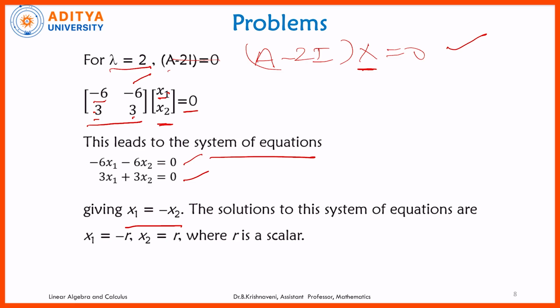Therefore, let us consider x2 is equal to r, any scalar. Since x1 is equal to -x2, and we have taken x2 is equal to r, x1 is equal to -r. So we got the solution x1 is equal to -r, x2 is equal to r, where r is a scalar.